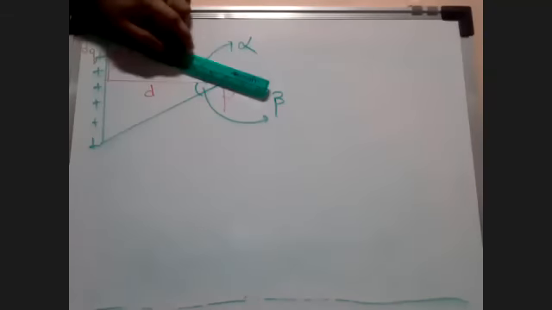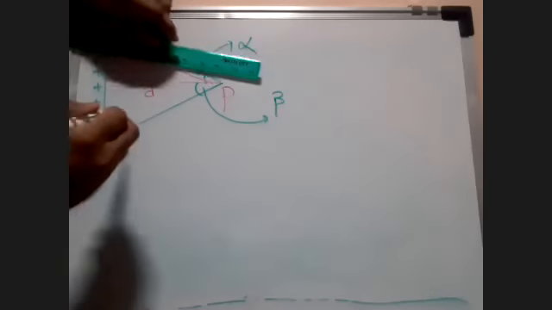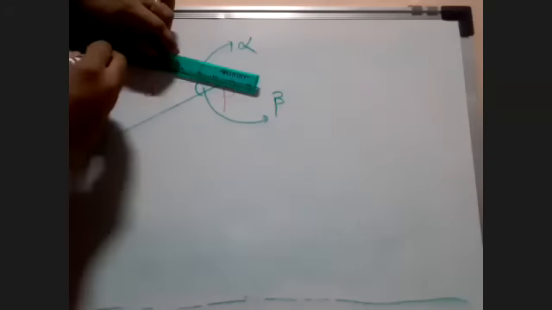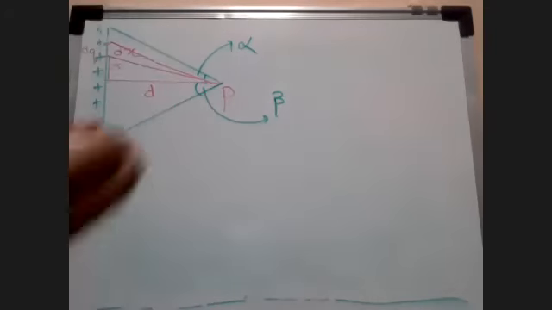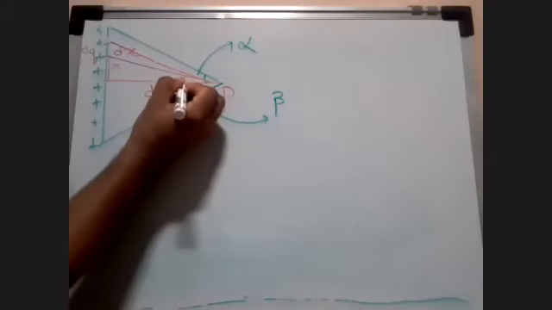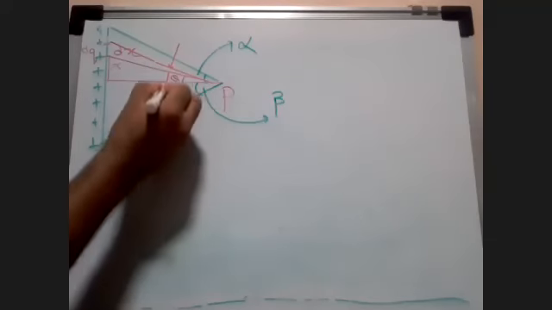This dx is going to make an angle theta. It's going to get ugly, so please pay attention. It's not easy. This way, it's going to make a certain angle d theta.